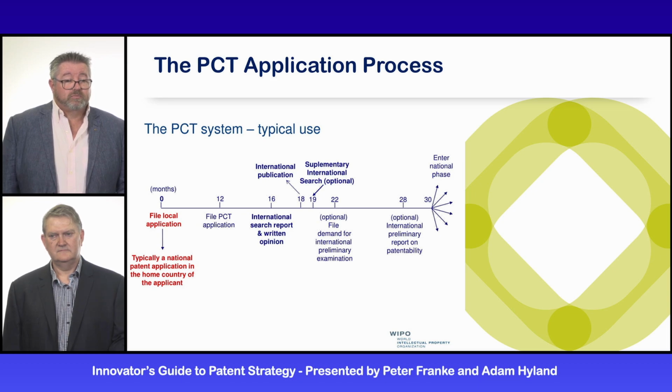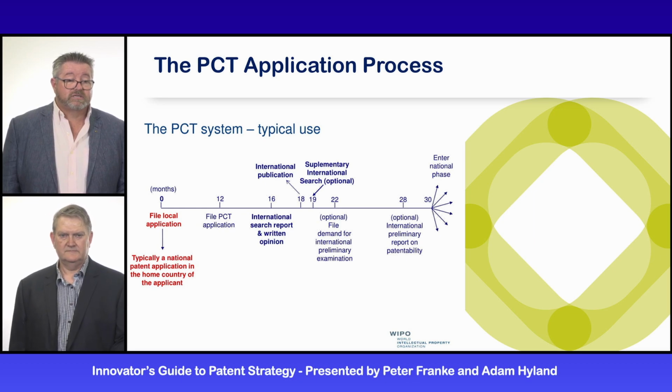That search and opinion will usually form the basis of examination in a lot of national application offices further down the track. We have the opportunity at that point to respond to the written opinion. It's basically an examination report identifying prior art and identifying whether or not the claims appear to be novel and inventive. At that point, we can address those with amendments and arguments.